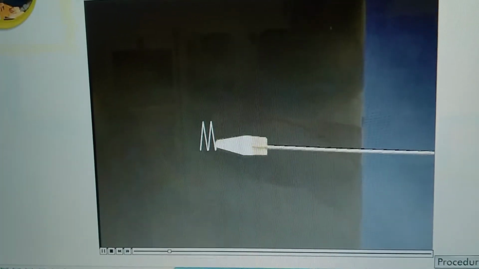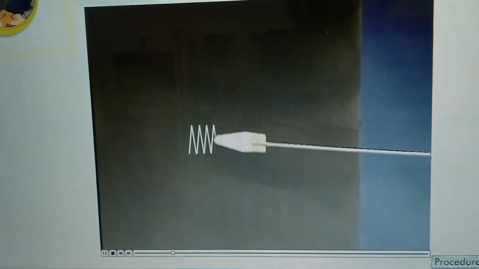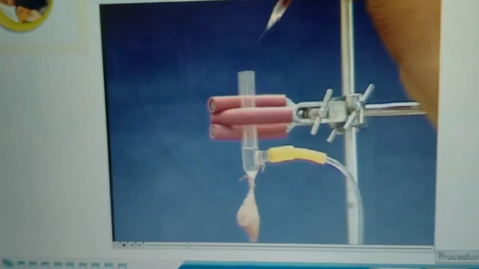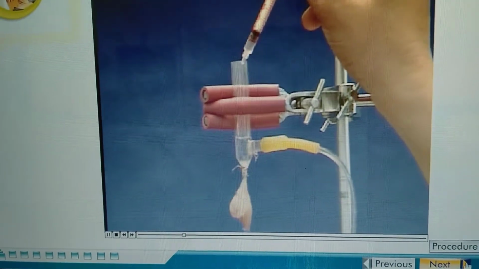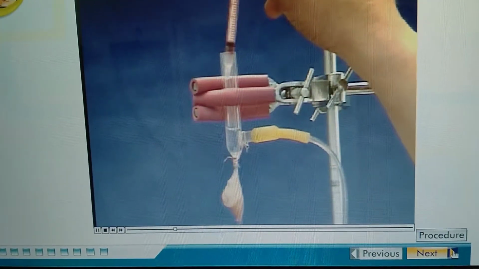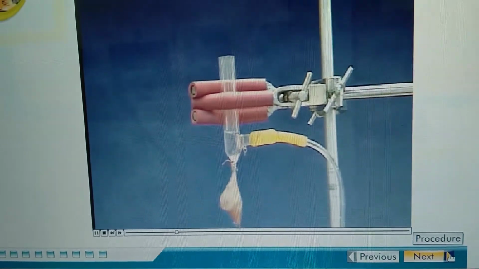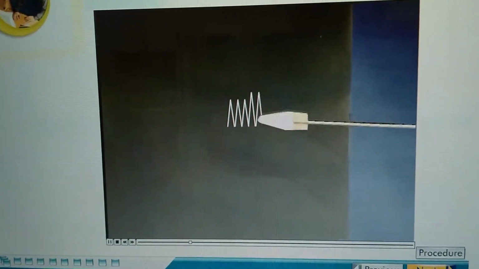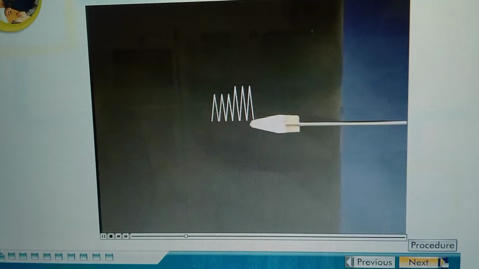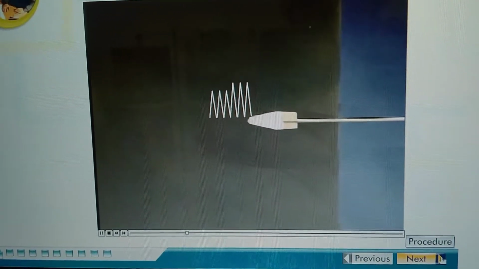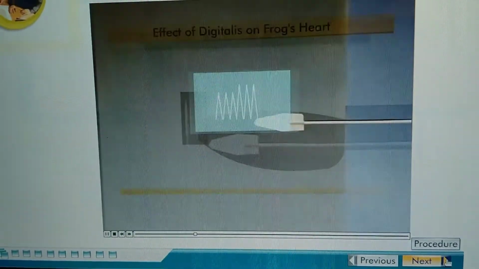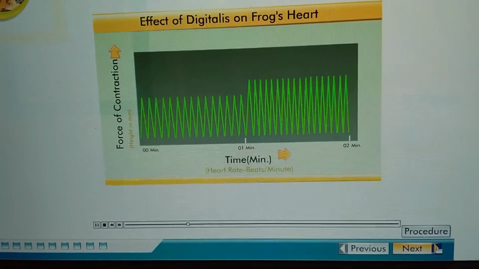Start the drum and observe normal recordings of heart on smoked paper for 1 minute. Now record the effect of 0.1 ml of stock solution of digoxin and 0.1 ml stock solution of calcium chloride.